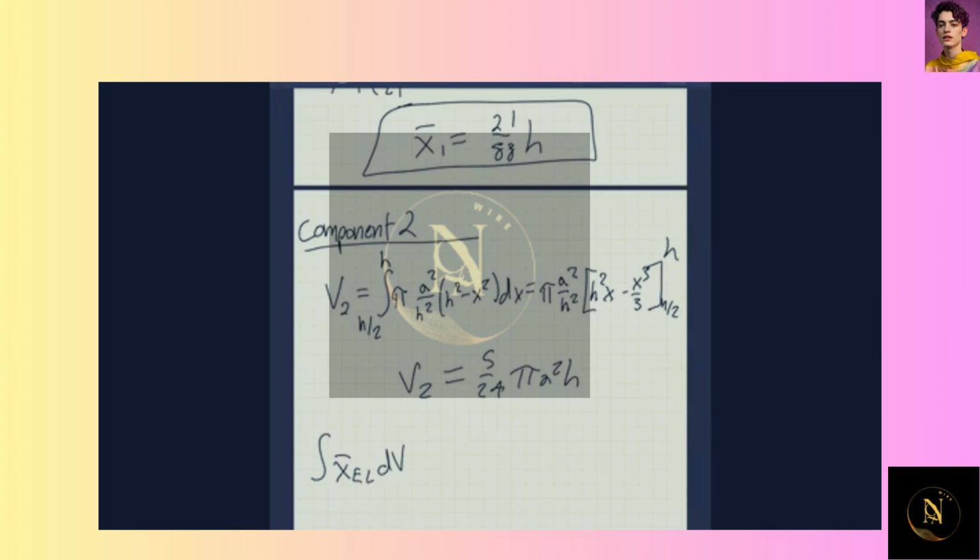Now we just need to find the right side of this equation, we have the differential element dV, the integral of that, integrating from h over 2 to h, plug in x for the differential element as it varies throughout the x-axis. And we know dV.